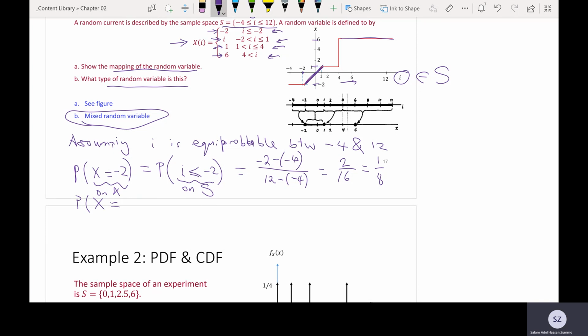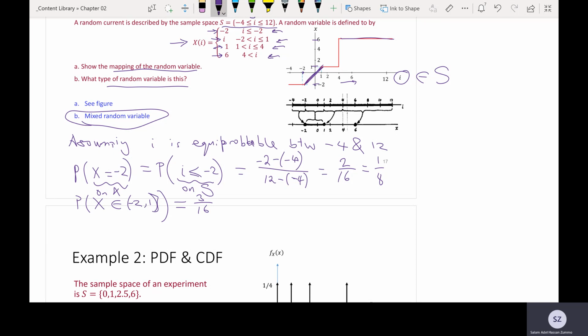So x is between minus 2 and 1. What is the probability of this to happen? It's the width of this, which is 3, divided by 16, right? So this is the probability that x can take any value between minus 2 and 1.